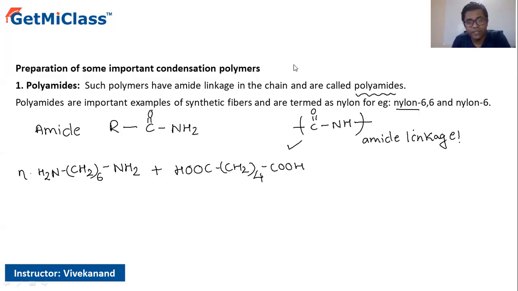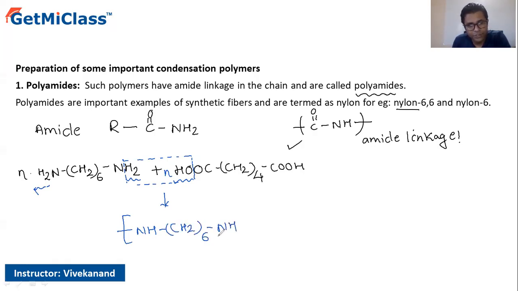Now what is going to happen here is that this H reacts with this OH. That means these are responsible for eliminating again a water molecule. So when this reaction occurs, we are going to get over here NH. This reaction happens over here also, right? So NH, CH2 6 times NH.